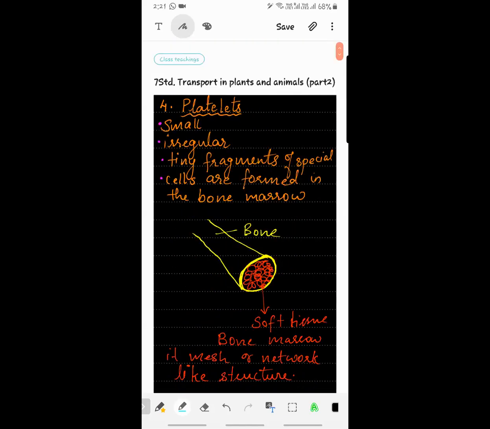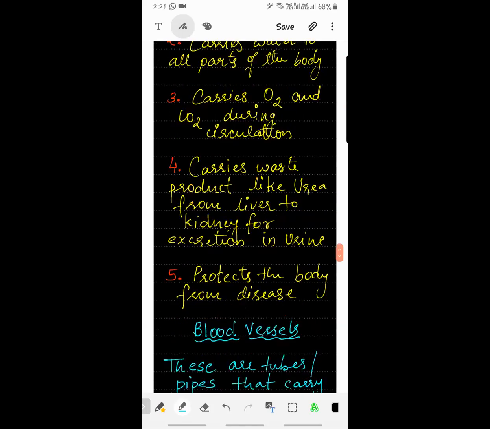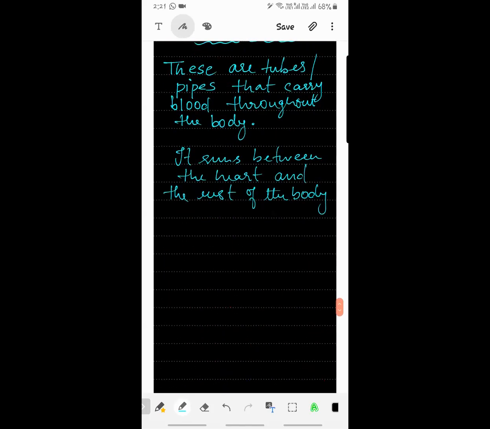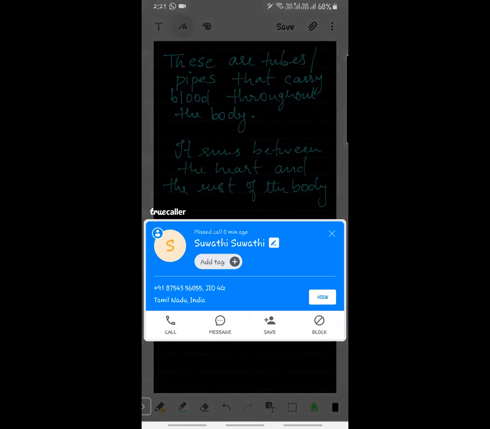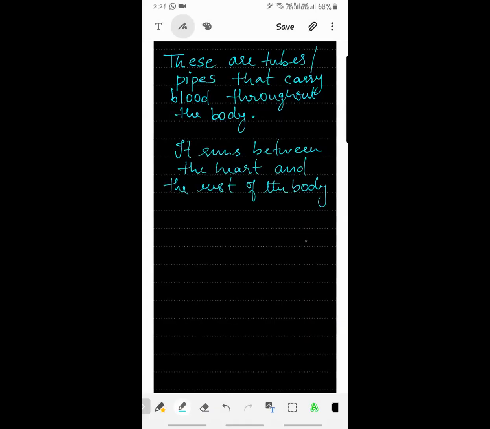As in the previous class, I have shown how many types of blood vessels there are. Three. Hey Yashwant, how five?